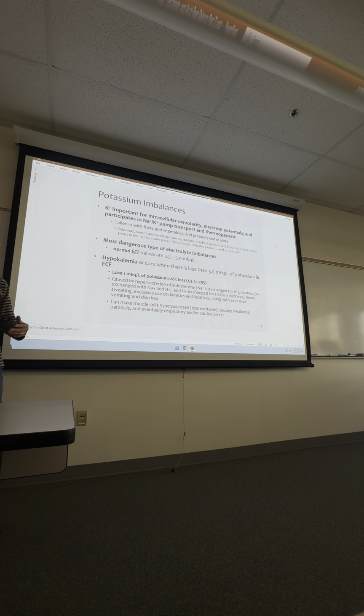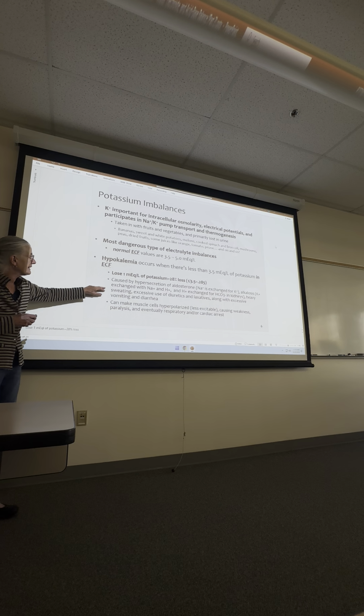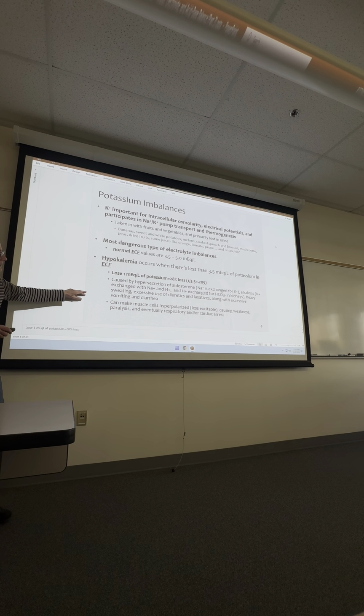Alkalosis: potassium is exchanged for sodium and hydrogen ions, and hydrogen is exchanged for bicarbonate in the kidneys. Heavy sweating, any of these can lead to a loss of potassium. Why do we care? Because we need the potassium inside the cell.